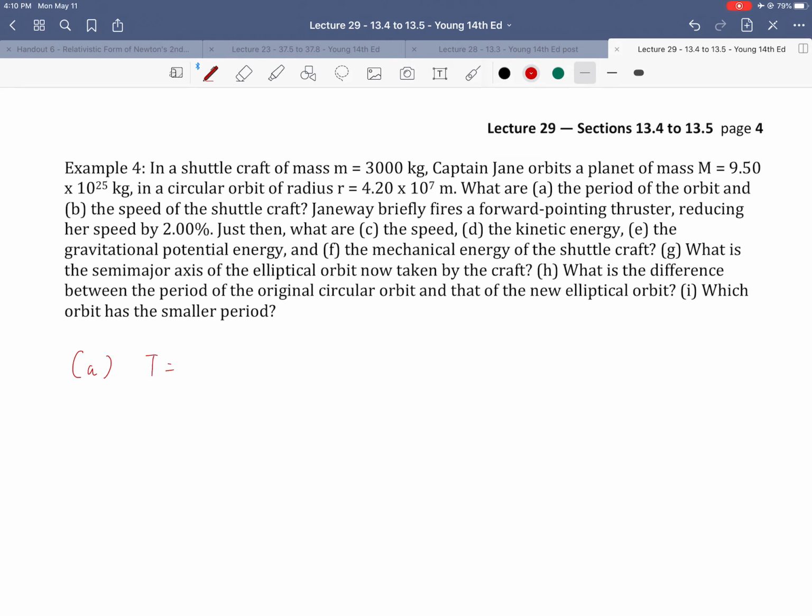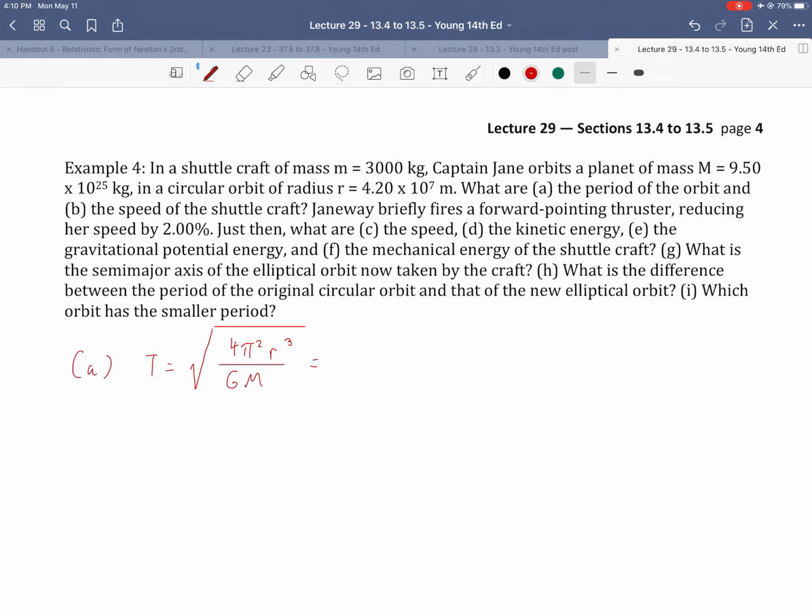All right, so I'm not going to rederive any of this. We know that the period is just going to be the square root of 4 pi squared over GM times r cubed.